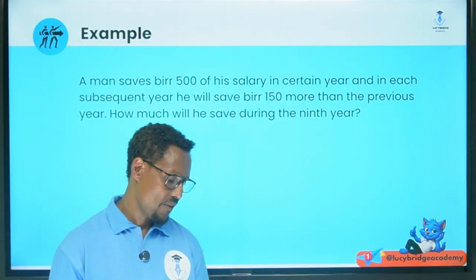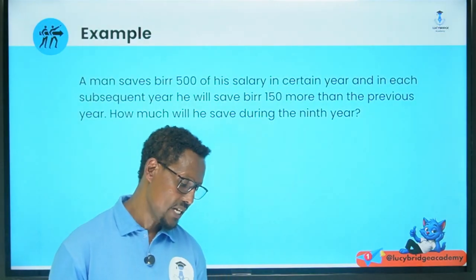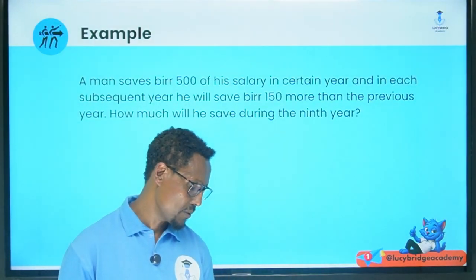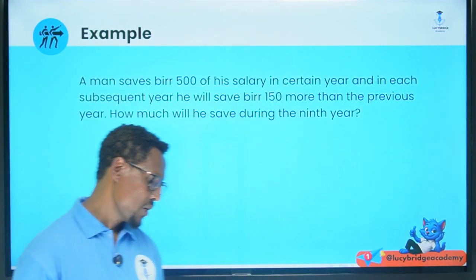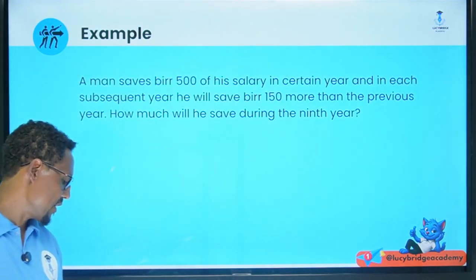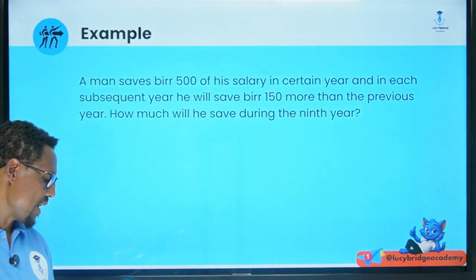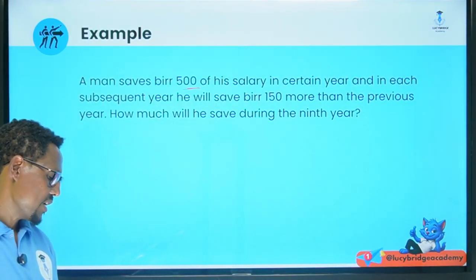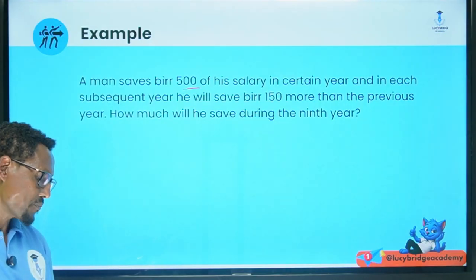A man saved 500 of his salary in a certain year, and in each subsequent year he will save 150 more than the previous year. How much will he save during the 9th year? Okay, a man saves 500 of his salary in a certain year.